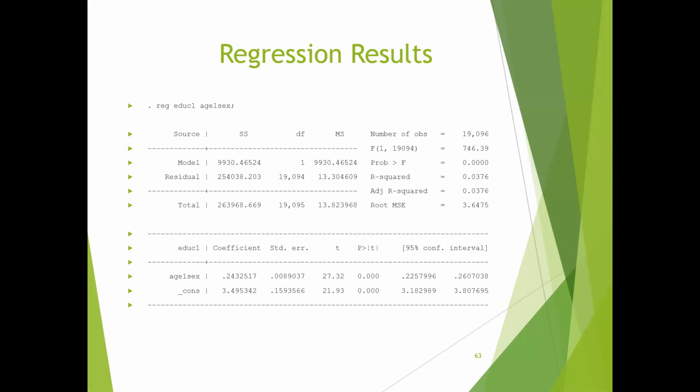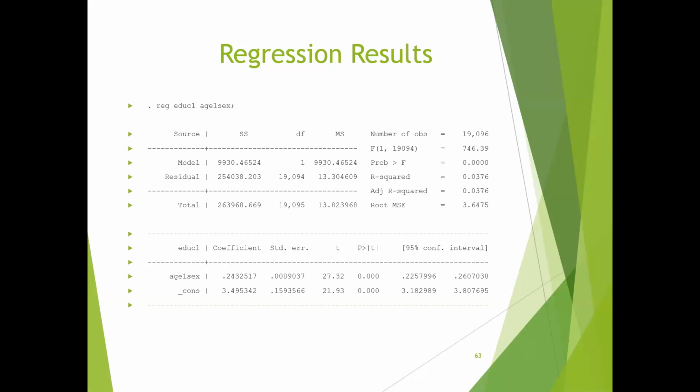Education will be on the y-axis. On the x-axis is age at first sex. Independent is x, dependent is y. That's the way to think about this. The slope is 0.243. That's B or beta. That's the slope.